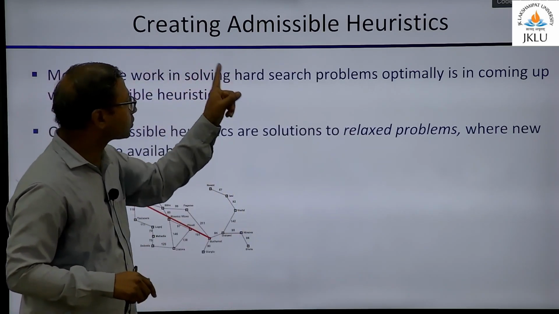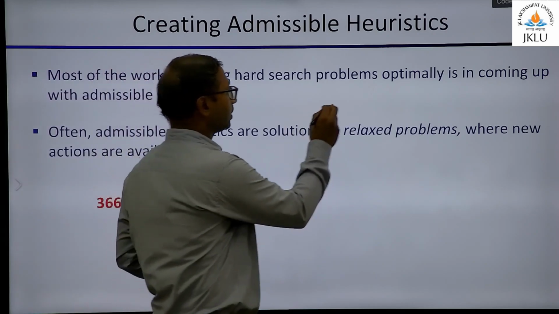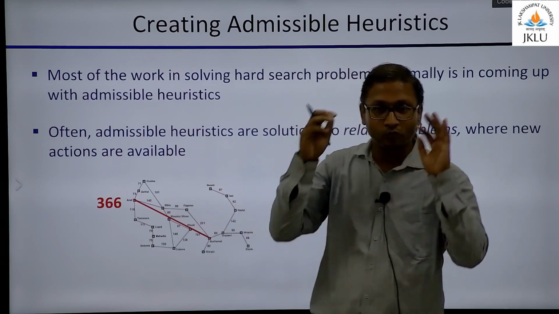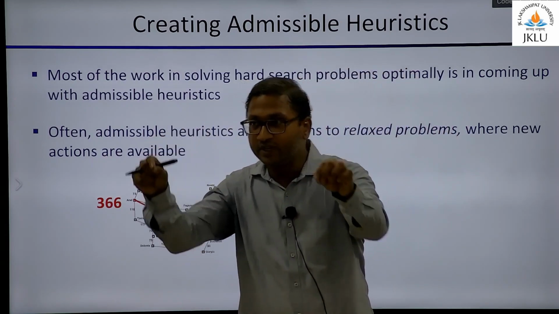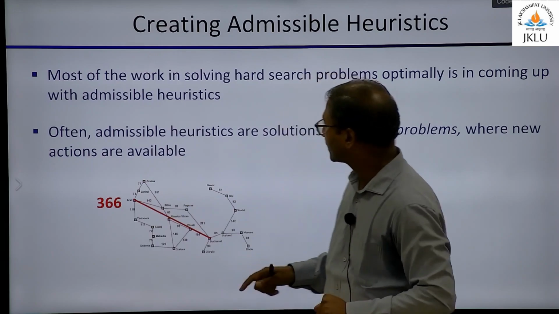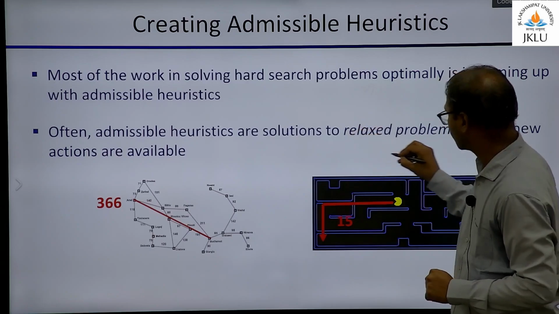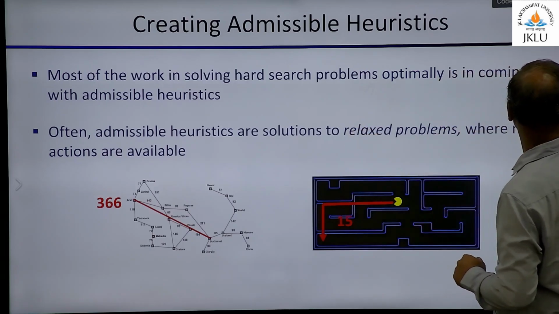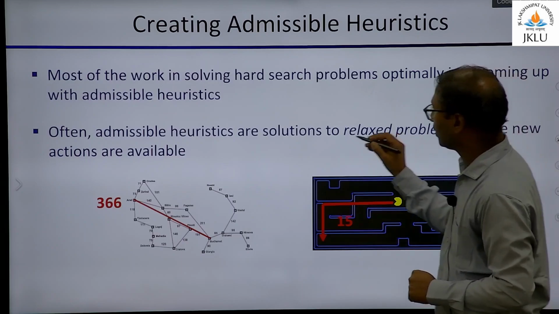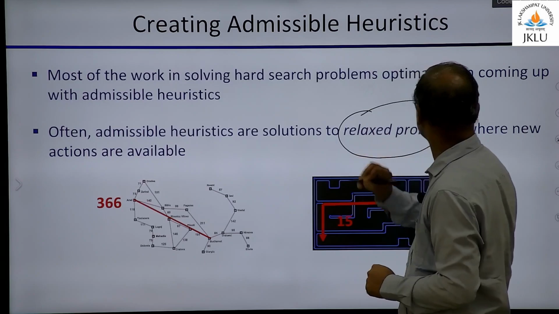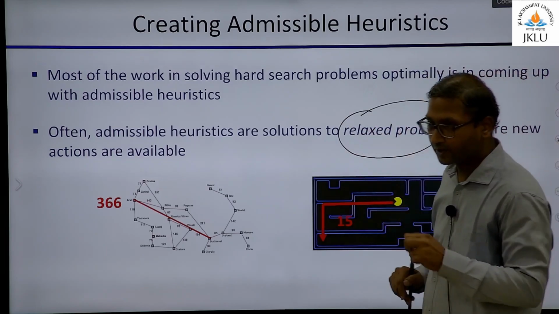Most of the work in solving hard search problems optimally is coming up with admissible heuristics. Once you have come up with the admissible heuristic, you are done. Often admissible heuristics are solutions to relaxed problems where new actions are available.